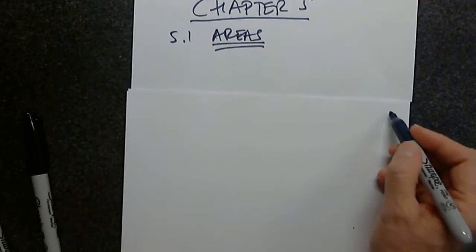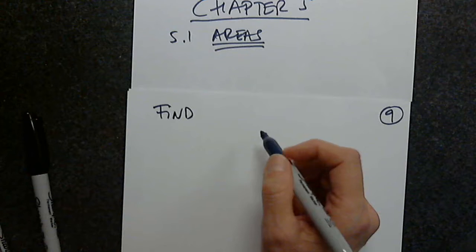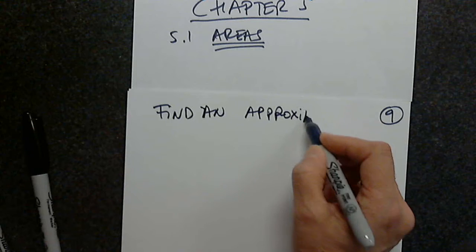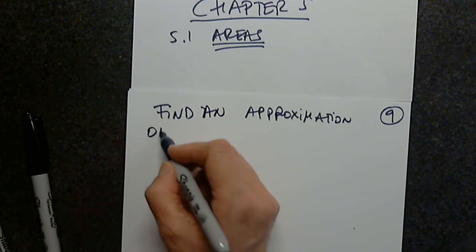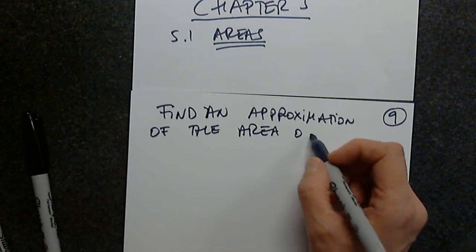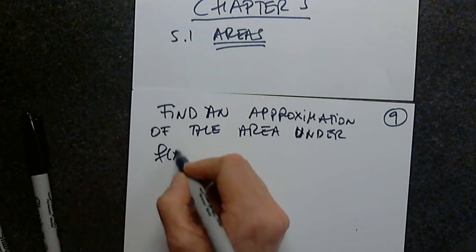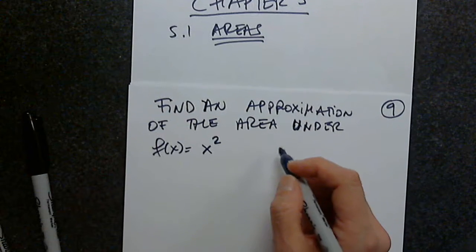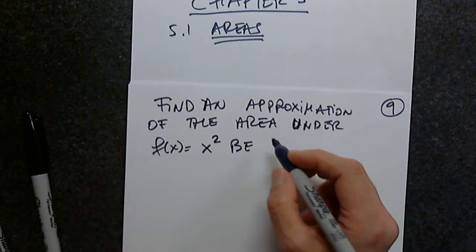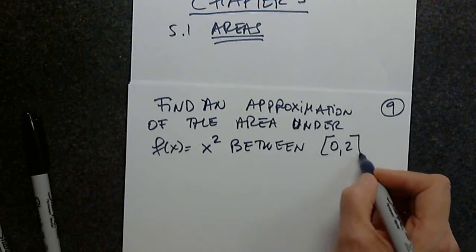So our first task is to find an approximation of the area under f of x equals x squared, between, of course, the function and the x-axis, between 0 and 2.